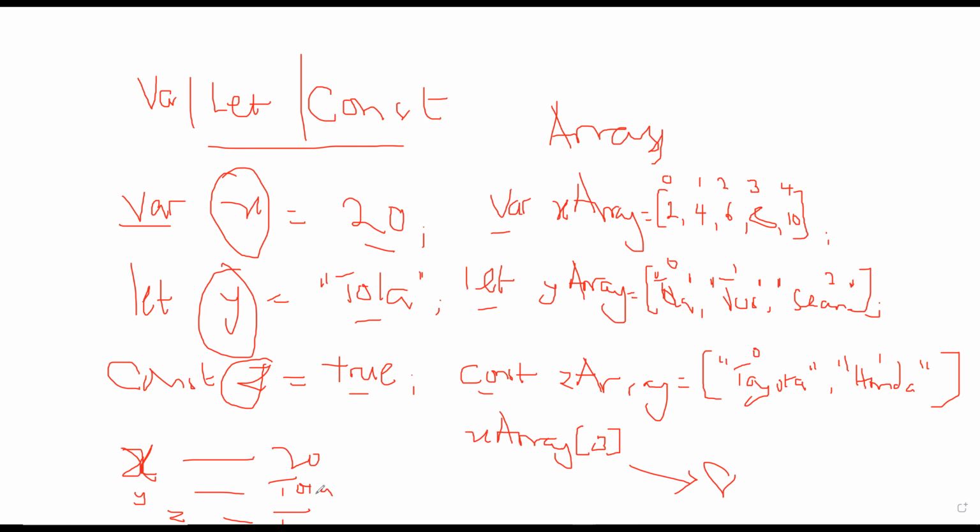Is there any question? No, sir. All right. So I will continue. So I have a question. Okay, what's the question? What if you want to target two of them at the same time? What do you mean? Like in the X array, what if you want to target 2 and 10 at the same time?